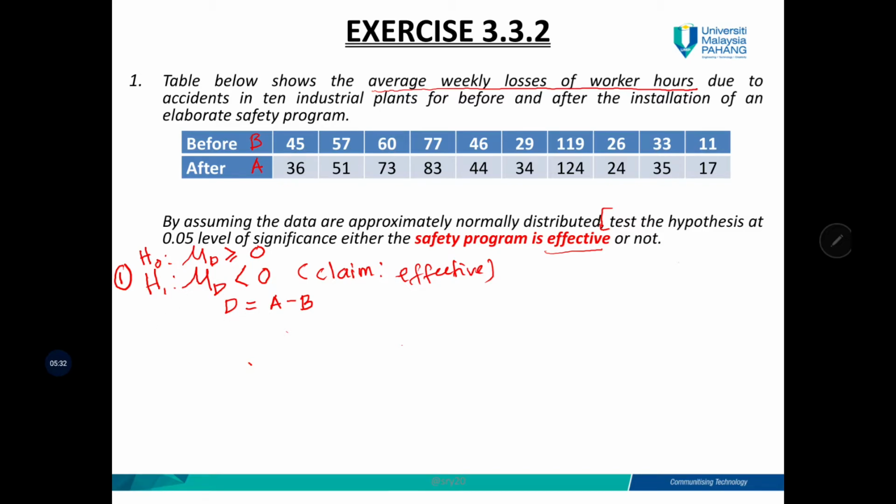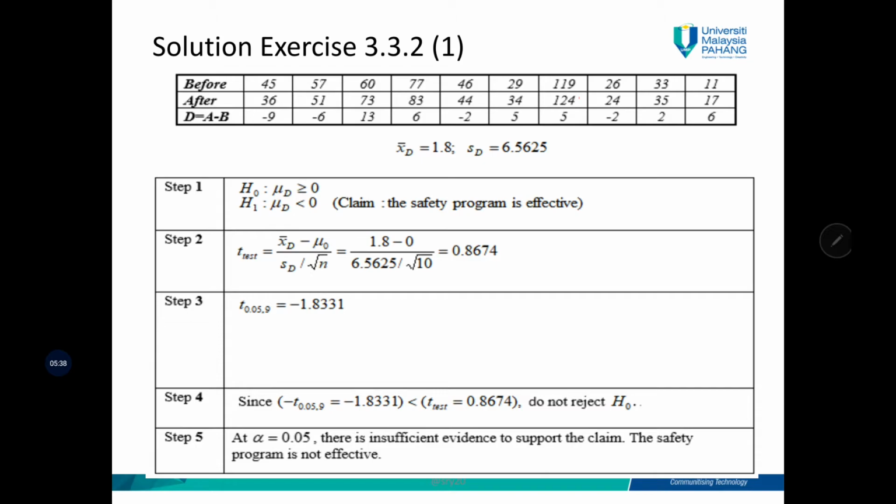For step 2, remember that our d is a minus b. We need to calculate the t test, because for mu d, in our course we only consider the case of population variance unknown and sample size small.